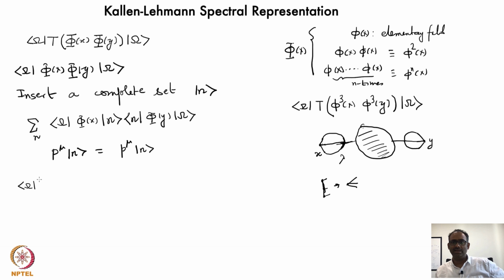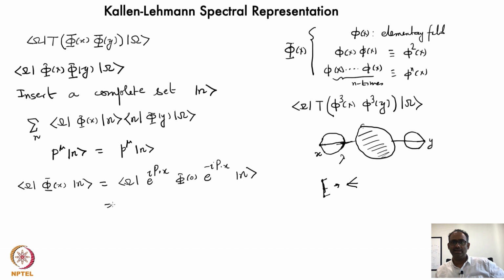Omega phi of x ket n. This is omega e to the i P dot x, where P is the momentum operator, phi at 0, e to the minus i P dot x, then you have this ket n.